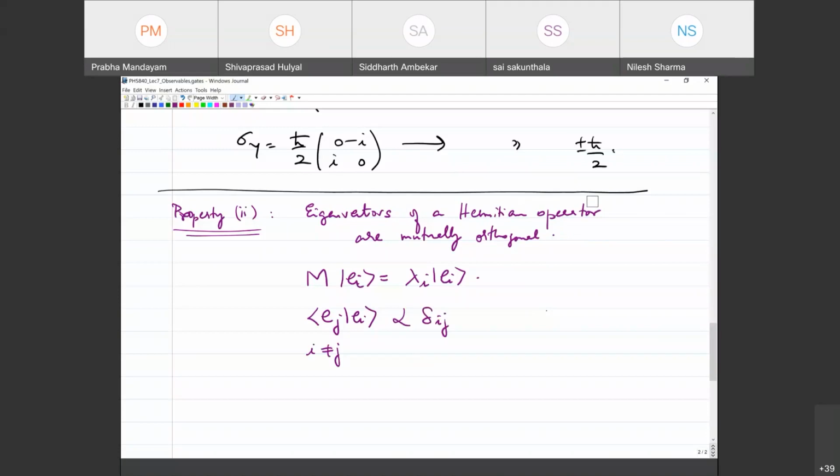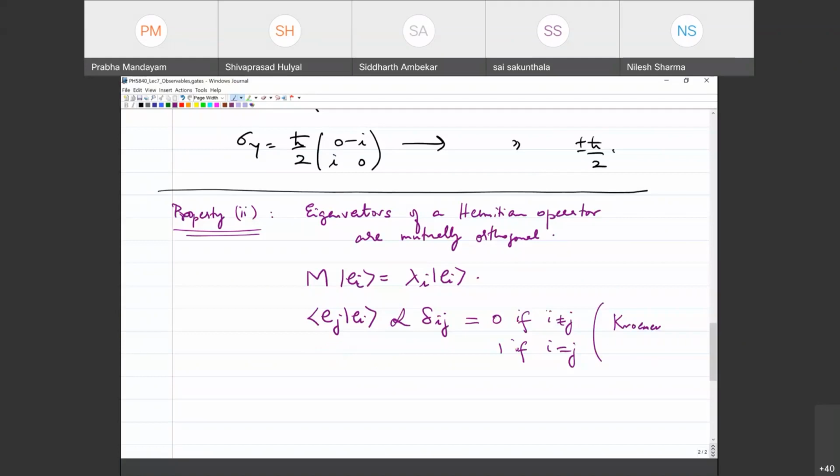So this delta ij is, of course, the Kronecker delta, right? So this is 0 if i is not equal to j, and it is 1 if i is equal to j, okay? But suffice it to say that when i is not equal to j, this is in general proportional to the Kronecker delta function.